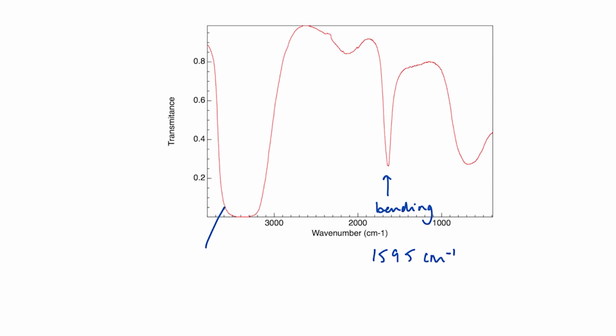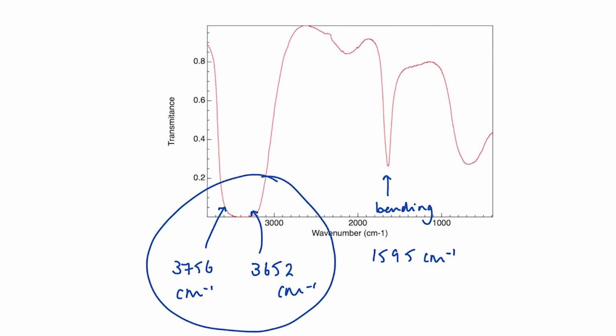And then we have asymmetric and symmetric stretches. So the symmetric is at 3652, and that one is 3756 if we're going to be completely accurate. So we've got three different peaks, but we can see that these two are very close to each other, and in reality we kind of get a broad band rather than sharp peaks.